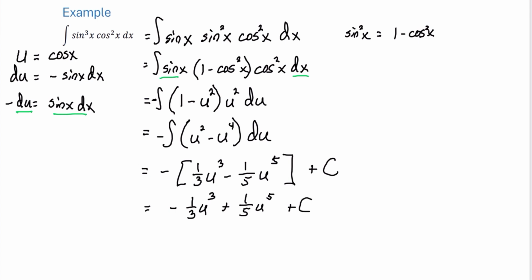And finally, we'll resubstitute. U is, as we said earlier, cosine x. So we now have negative 1/3 cosine cubed x plus 1/5 cosine to the 5th x plus c.